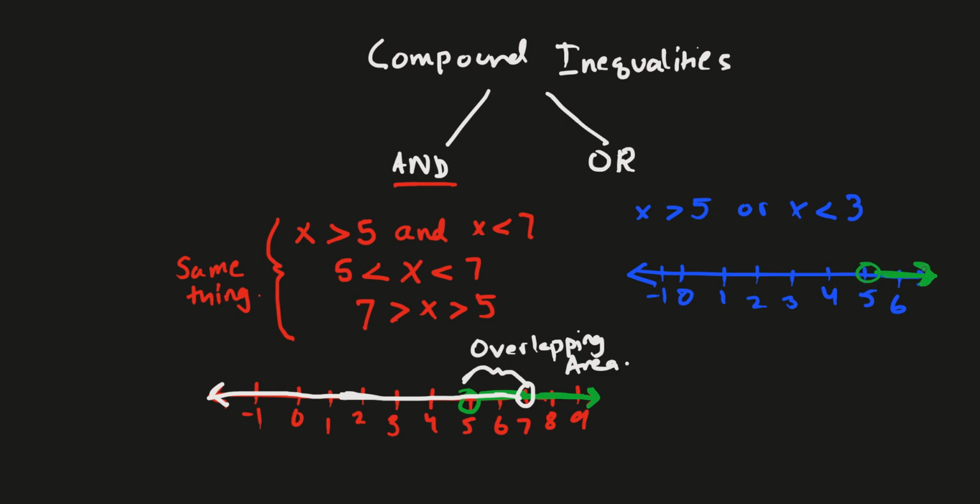We've done this before, so this shouldn't be hard. I even made a separate video on this, so you can go check that out. X is supposed to be less than 3, so open circle here, and less than 3. Not very difficult, hopefully, right? This is all you need to care about. These two portions are what are covered by this compound inequality.